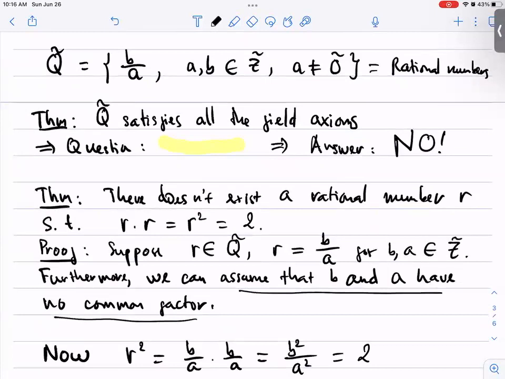And a very important observation is that this set of all rational numbers, Q here, actually satisfies all the axioms that we mentioned earlier. And this is very, very interesting because we would like to set up a theory for real numbers.